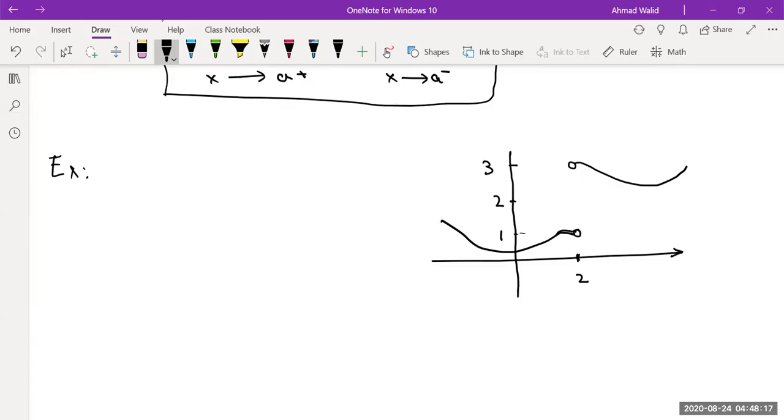This is the shape of the graph, and here is 0.2. The question is asking you, for example, this function is g of x. Find the limit of g of x as x approaching 2.